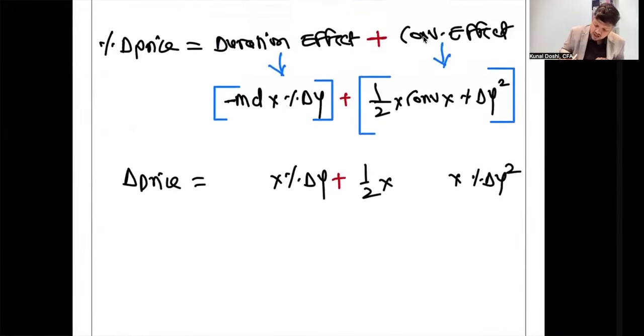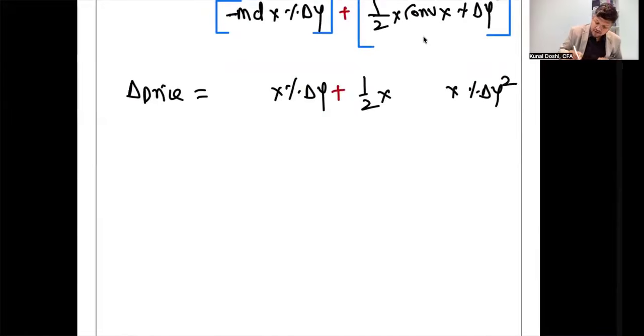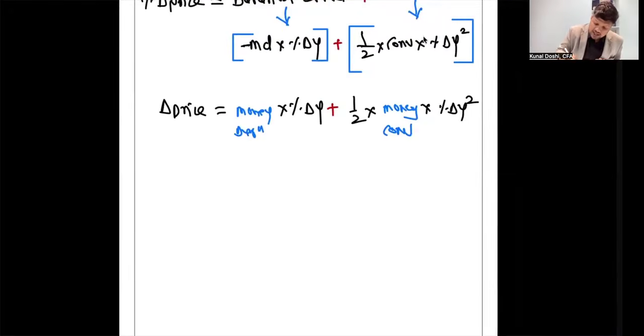Money duration. Yes, very good. In place of modified, we will use money duration. Excellent. And here we will use money convexity. Are you with me on this? This will give me the dollar change in price of the bond.